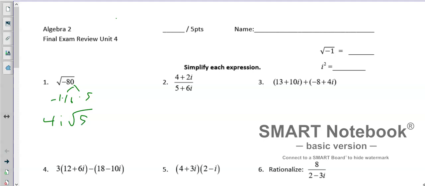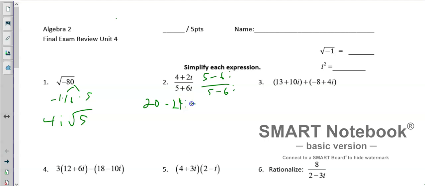Number 2, we need to rationalize this. So we're going to multiply by 5 minus 6i, top and bottom. On the top, it's a little bit messy, so we're going to FOIL. 4 times 5 is 20. 4 times negative 6i is negative 24i.